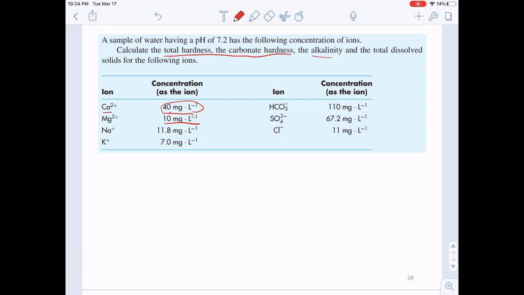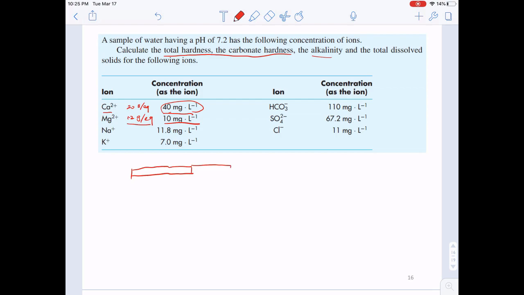The equivalent weight of calcium is 20 grams per equivalent, and magnesium is 12 grams per equivalent. We then multiply that by the equivalent weight of calcium carbonate, and based on that we can plot the bar graphs.